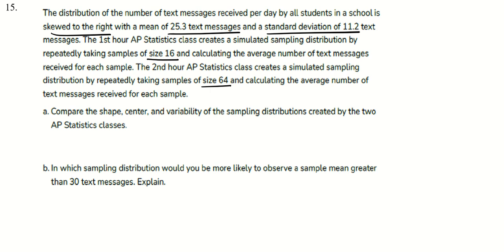The shape, the one with a sample size of 16 is going to be not normal because the original population is skewed to the right, and 16 is less than 30. Now 64 is greater than 30, so that means it's going to be approximately normal. So n1 is 16, which is less than 30, so it fails that test. n2 is 64, which is greater than or equal to 30, so it passes the test.